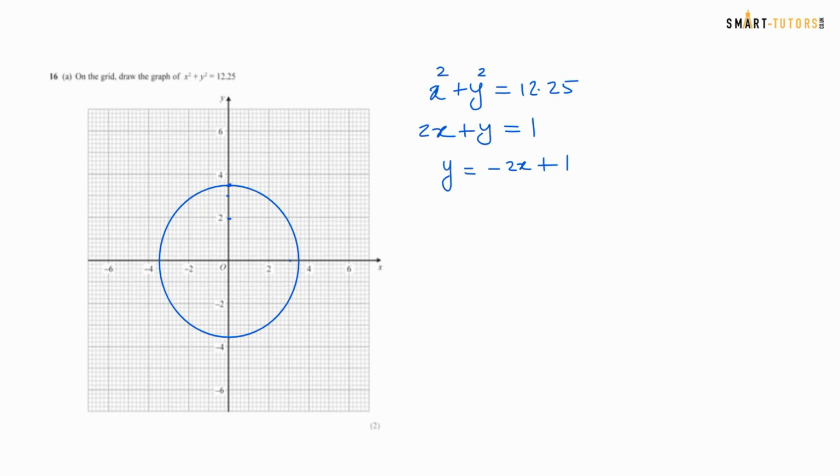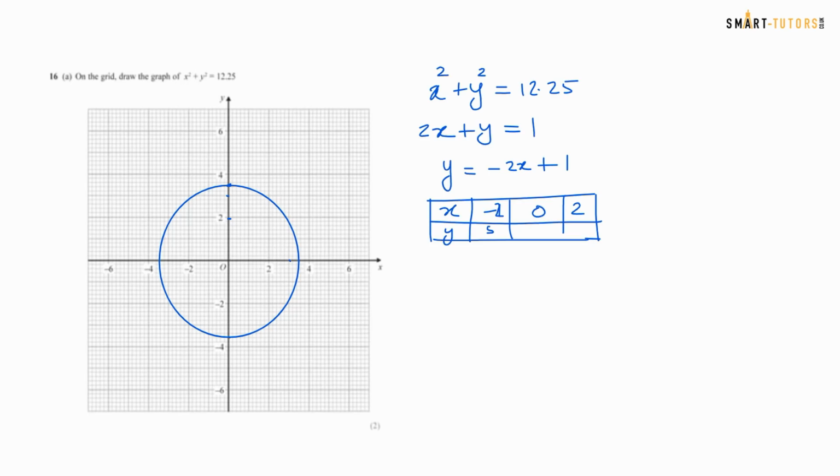The best way to draw the straight line is to make y the subject: y equals minus 2x plus 1. You need 3 points, or a minimum of 2 points, to draw a straight line. For the safe side, I'm going to find 3 points.